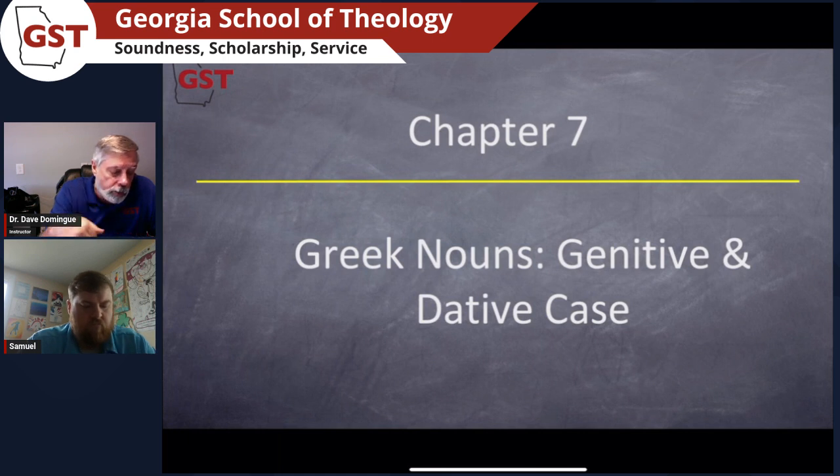You had that correct throughout, except for one with hauton. Because it's in the accusative, it functions as the direct object, so it wouldn't be he, she, or it. It would be him, because it's masculine.